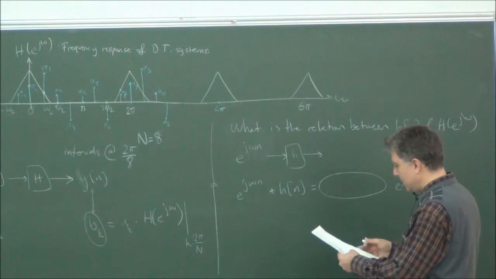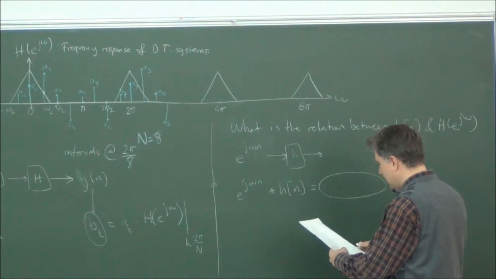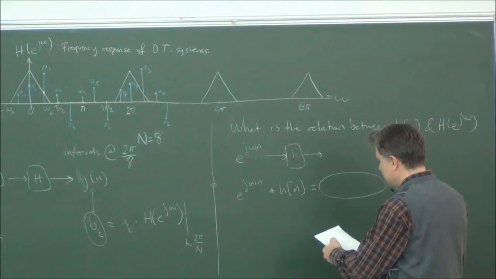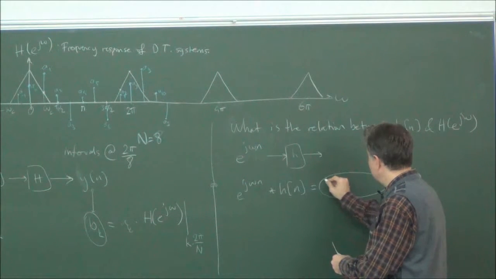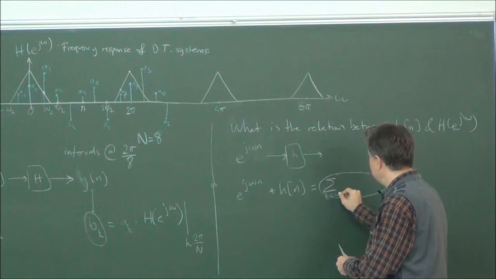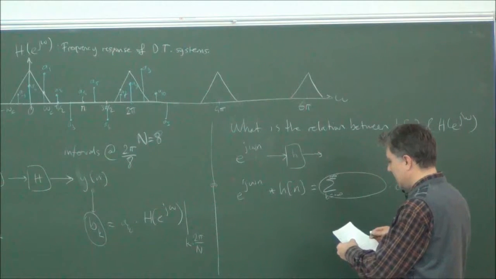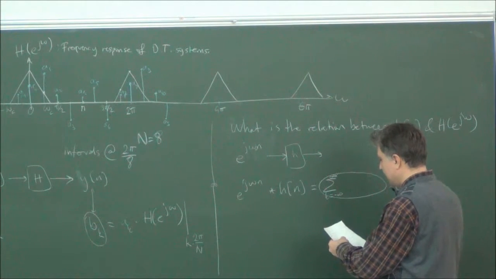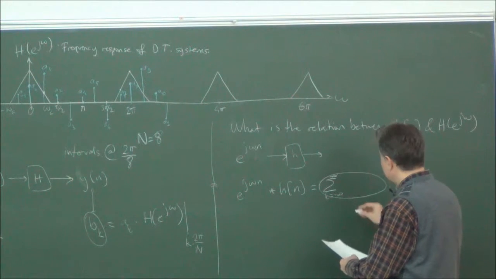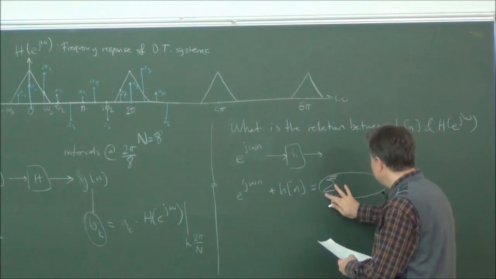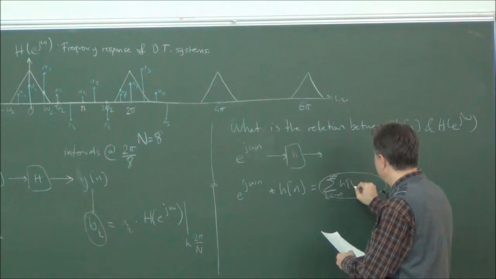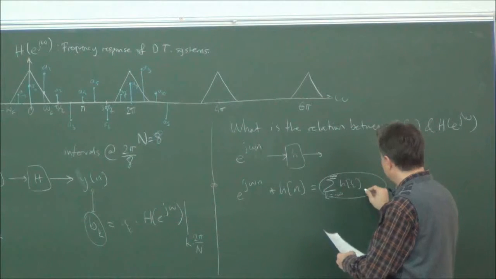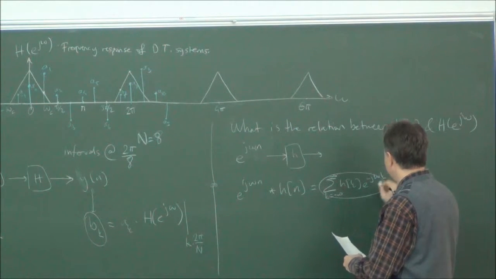It will give you the formula of H, which is the summation over k from minus infinity to infinity of h of k times e to the minus j omega k.